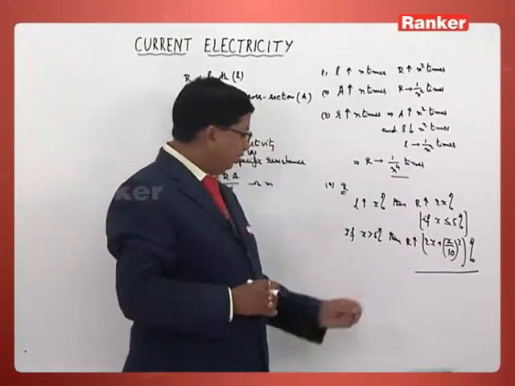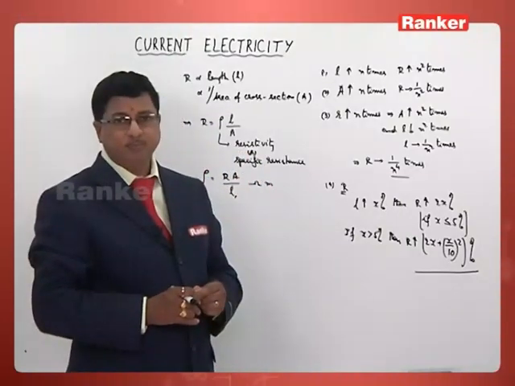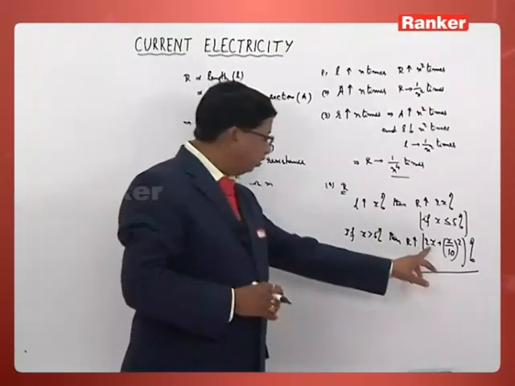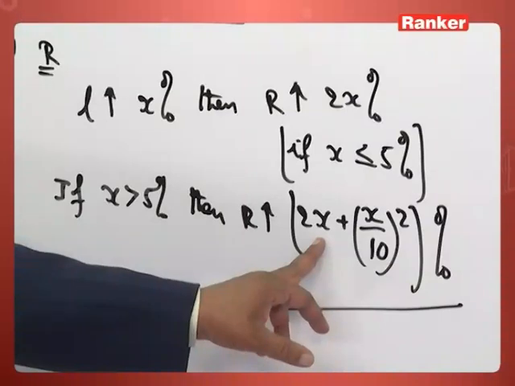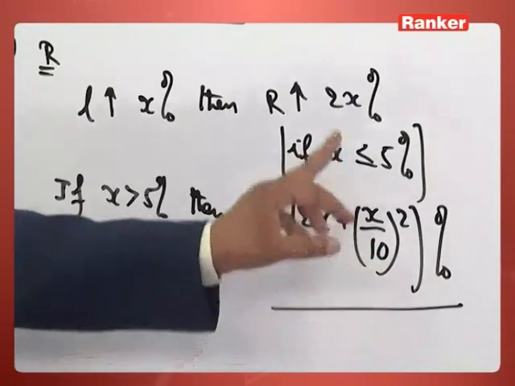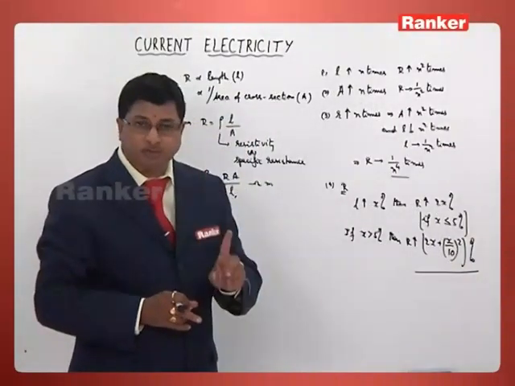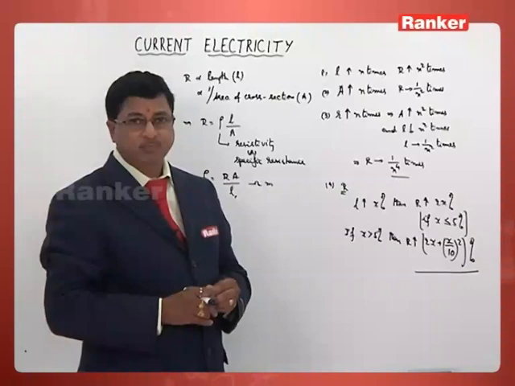For example, length increases by 20%. Then 2 into 20 now becomes 40. 20 by 10 now becomes 2. 2 square, 4. 40 plus 4, 44% that now becomes.